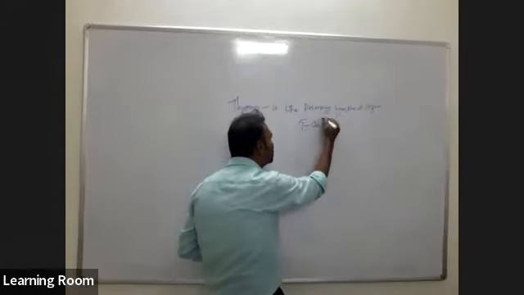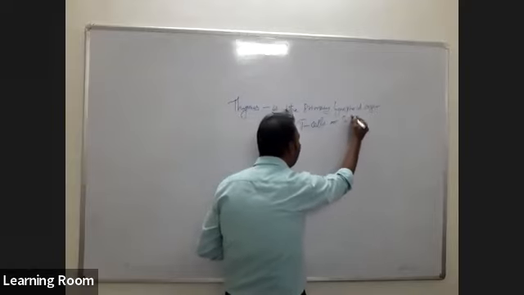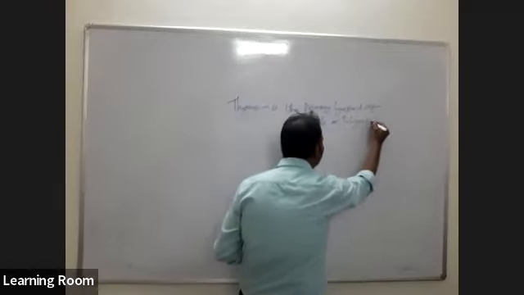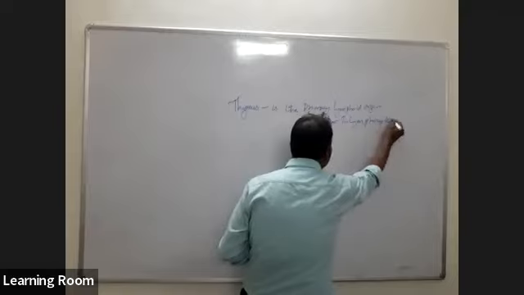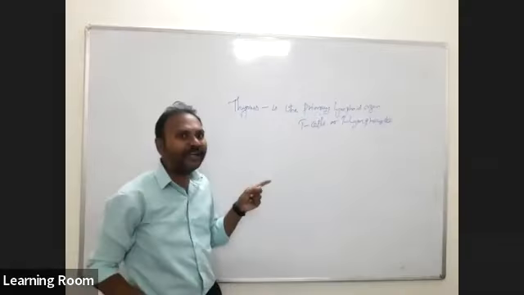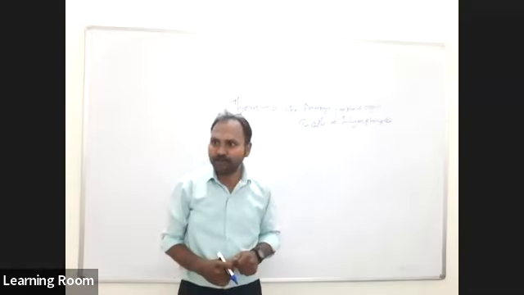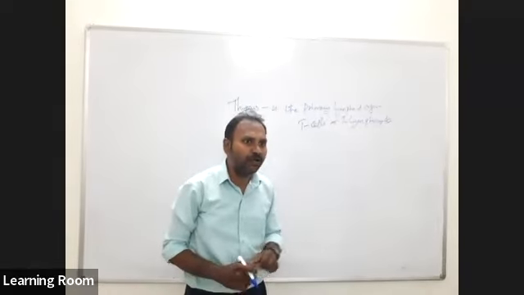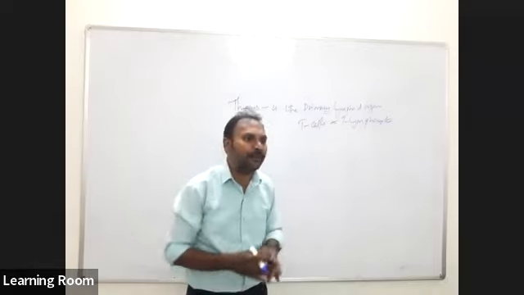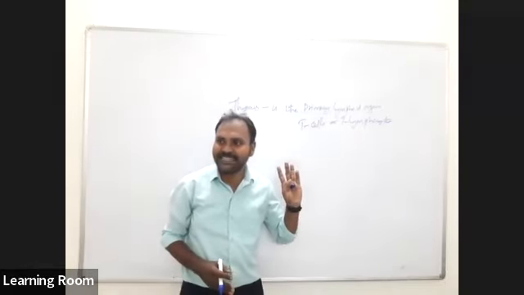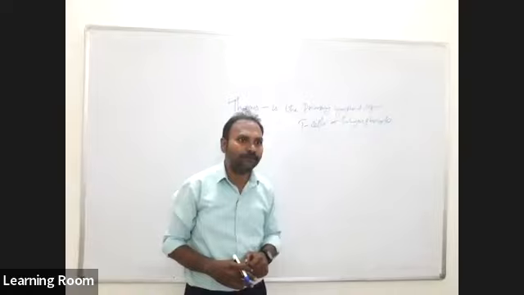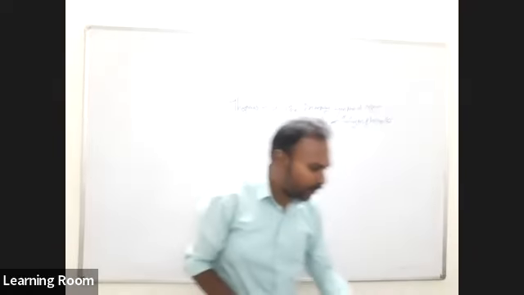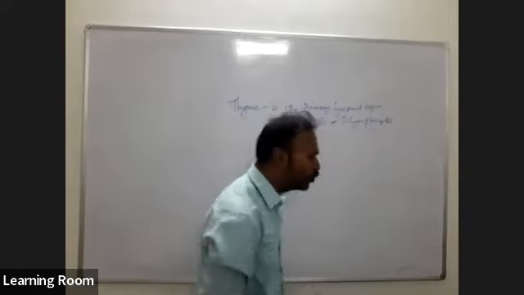T cells or T lymphocytes are educated in the thymus gland. The functional maturation of T lymphocytes occurs in the thymus gland. So what is the name of the hormone? Thymosin.